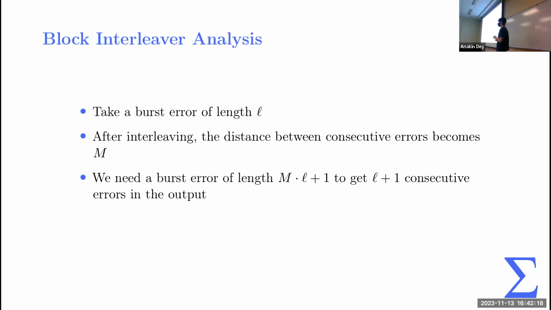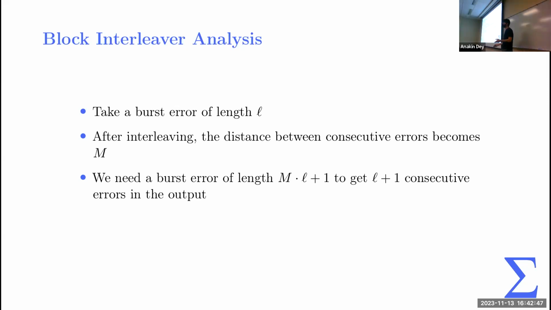Because the distance between errors becomes m, we can fit up to m times L errors of our burst length and spread them out so that each word will only have up to L errors. But once we add an ML plus 1 error, we know at least one word in our output needs to have L plus 1 errors.